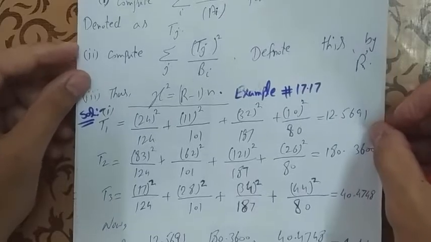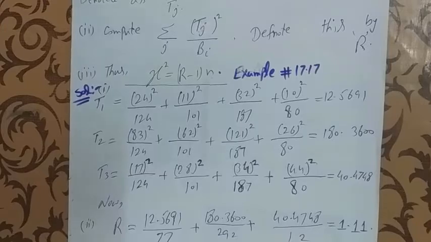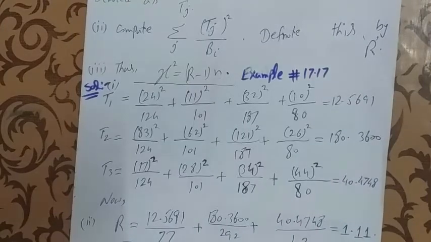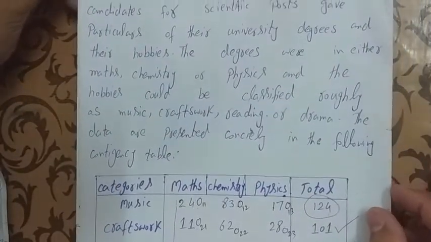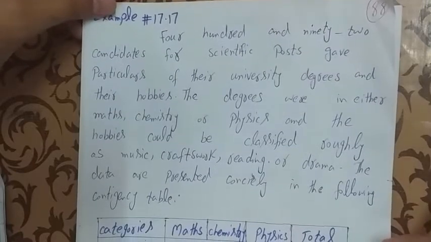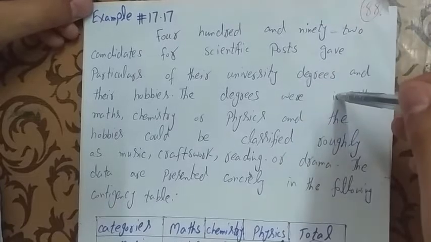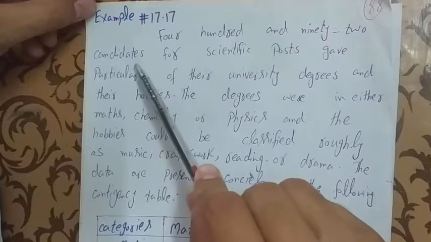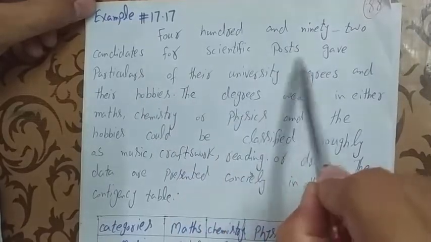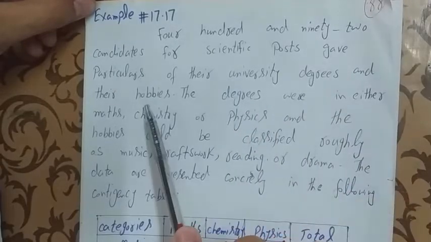Now we see a problem, problem number 17.17. This problem we already learned, but here we solve it by the alternative way. 492 candidates for scientific posts gave particulars of their university degree and their hobbies.